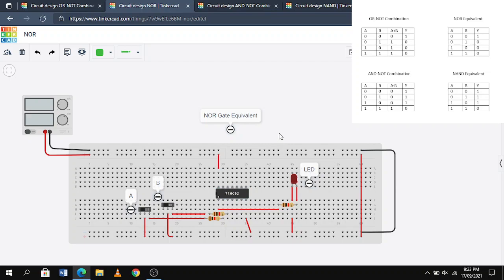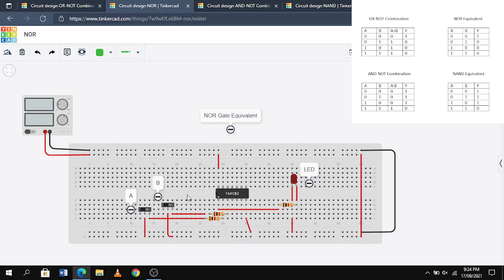So again, if either A or B or both A and B are not true, meaning at logic 0, then Q, the output, will be at logic 1.